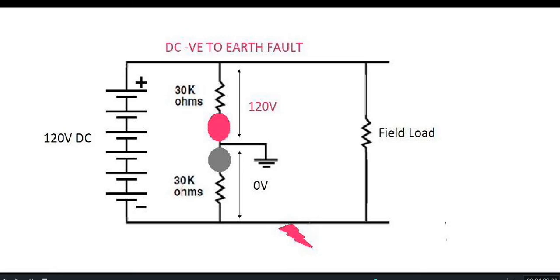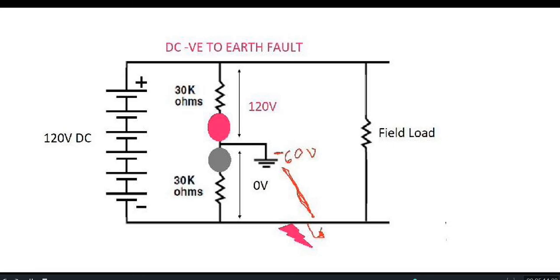Now we can see the situation when a negative DC to earth fault occurs. Here you can see there is an earth fault on the negative arm of the DC-DB or the battery. Because of the earthing of the negative arm of the DC, the earth potential and this negative arm come to the same potential, that is, the earth potential becomes negative 60 volt. So the voltage across the positive arm and the earth potential becomes 120.